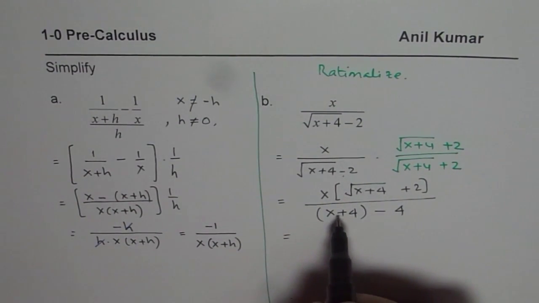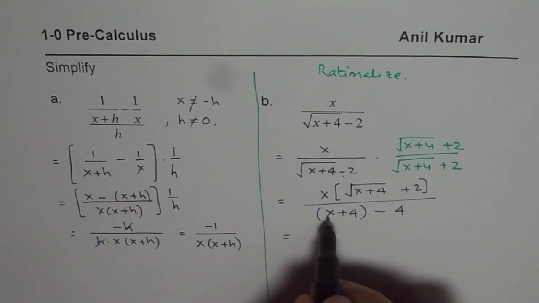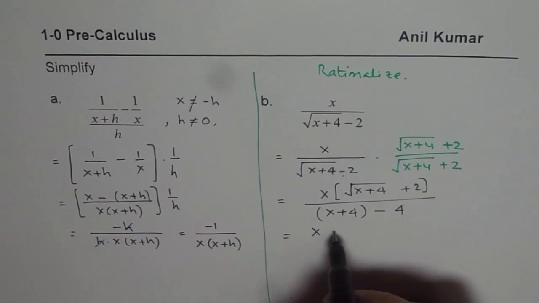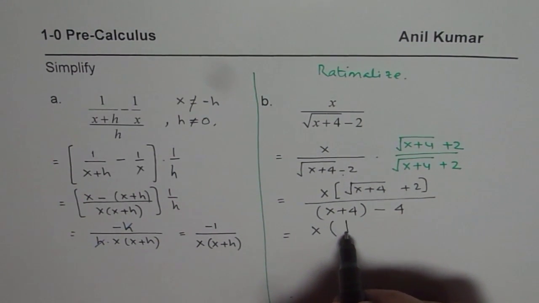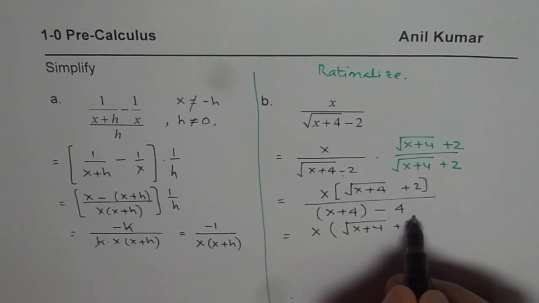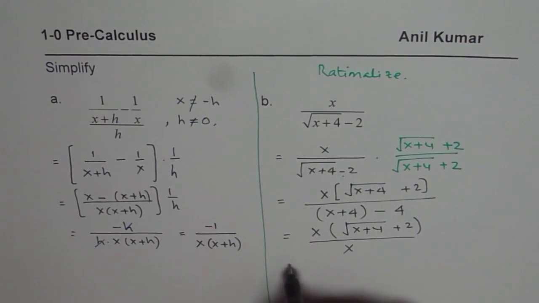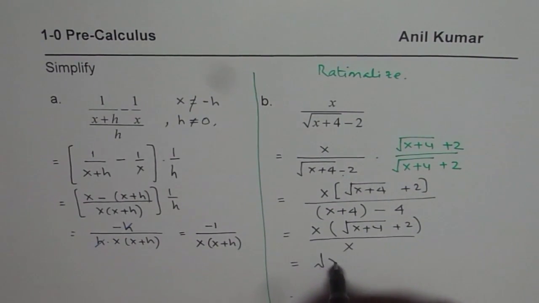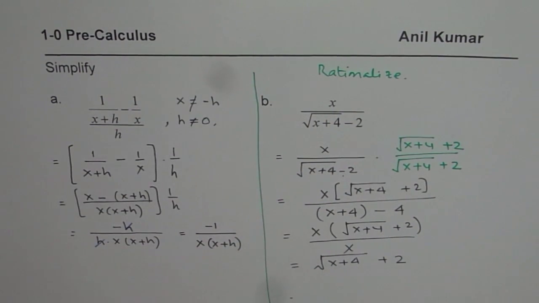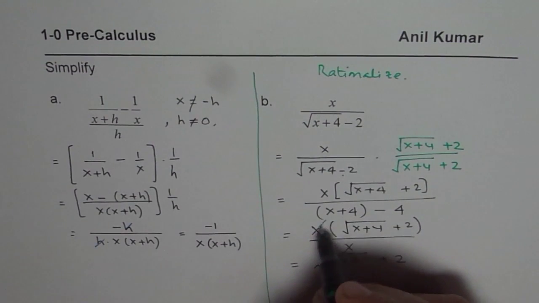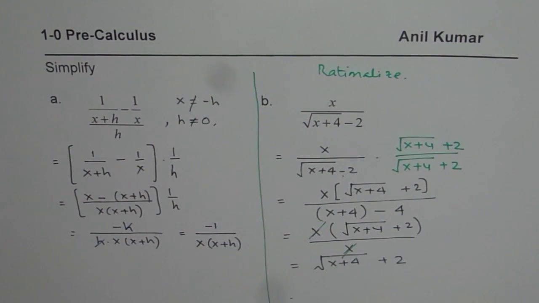Once you do that, in the denominator you can see we are left with just x, and in the numerator we have x times square root of x plus 4 plus 2. And in the denominator now we have x. x and x can cancel out. You therefore get square root of x plus 4, plus 2 in the numerator. And that becomes a simplified form, correct? So that is how you can simplify such expressions.